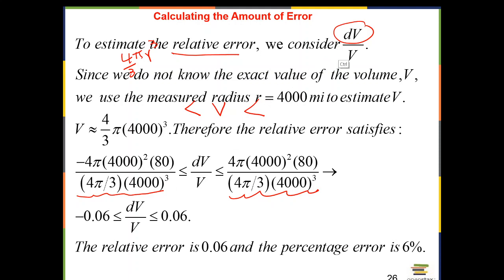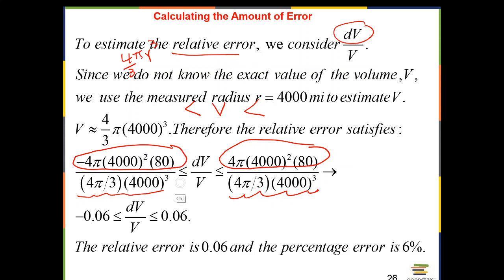So dv over v would be what we found in the previous slide divided by the volume. We divide everything by the volume. The relative error with respect to the volume would be about 0.06, to the right and to the left.